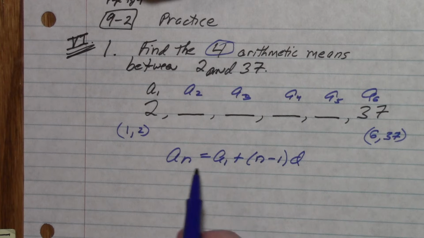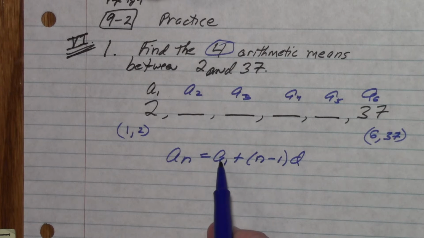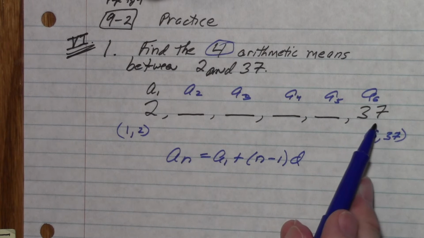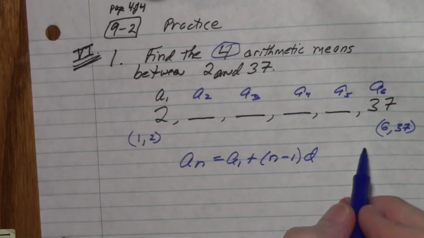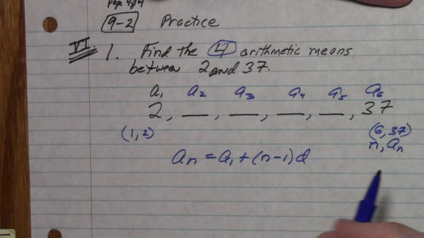Okay, so we know the amount at a certain term. We know the first term, we just don't know the D. So we're going to use this one in this formula, where this is n, and this is an.